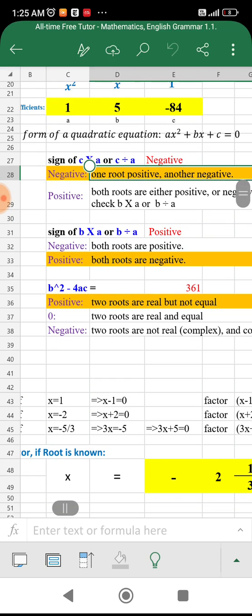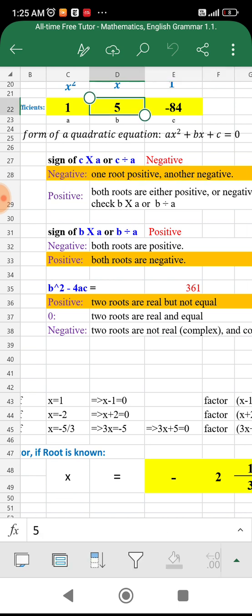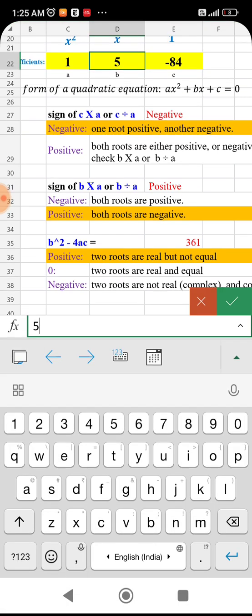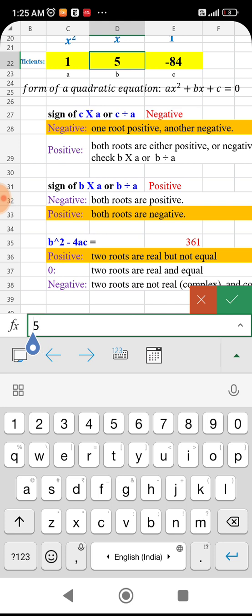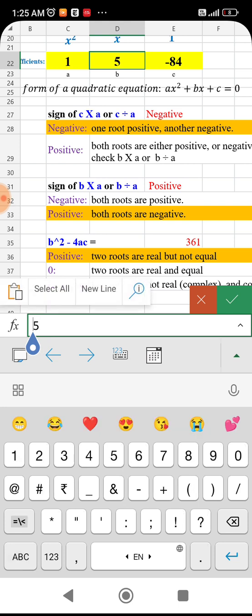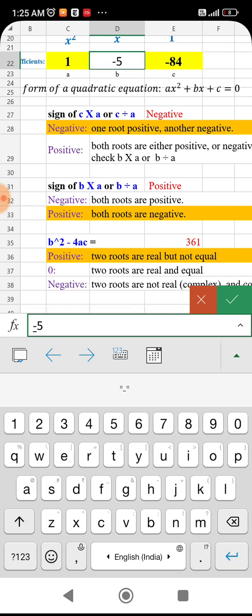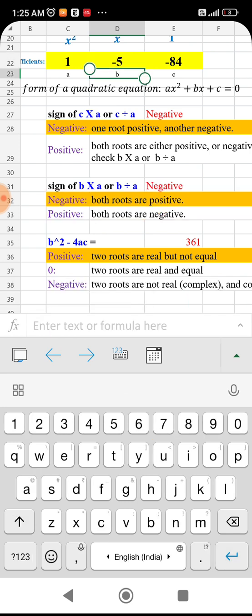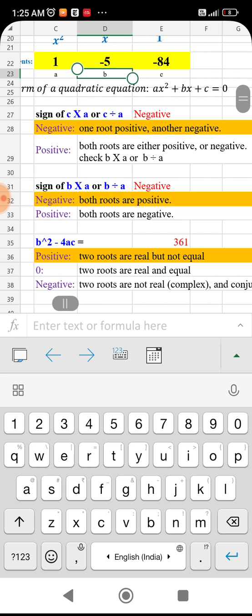Suppose I am changing this equation. Suppose this is not plus 5, this is minus 5. Still C into A is negative.